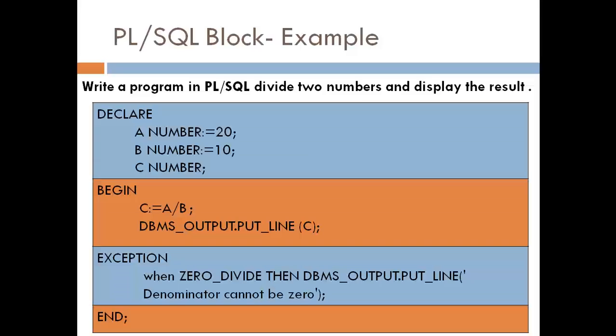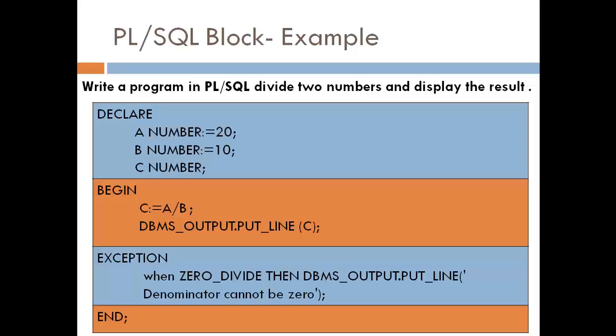And as you can see, every statement or every line in this code is terminated by a semicolon. In the declare section we have declared three variables a, b and c, each of number data type, and a and b are assigned values using the := operator, that is the assignment operator.